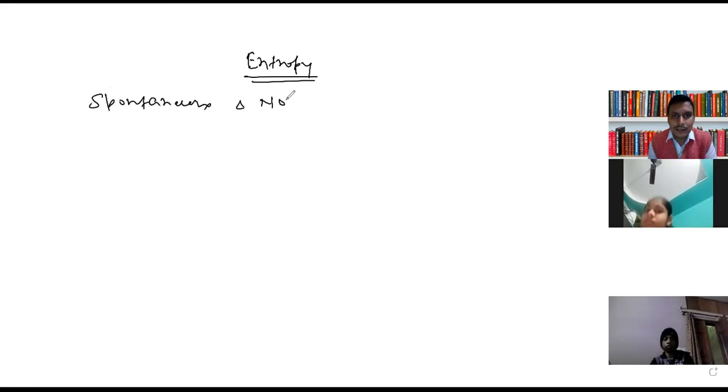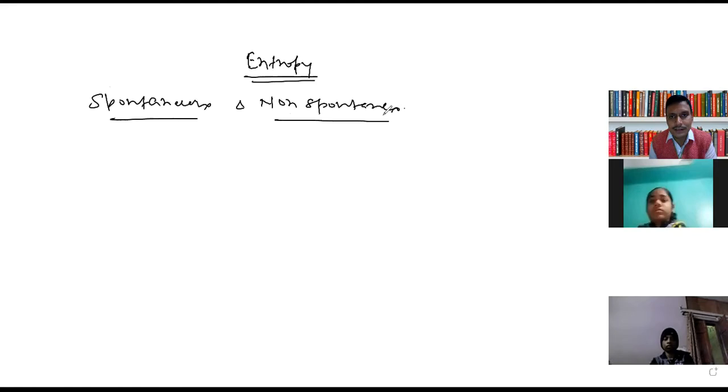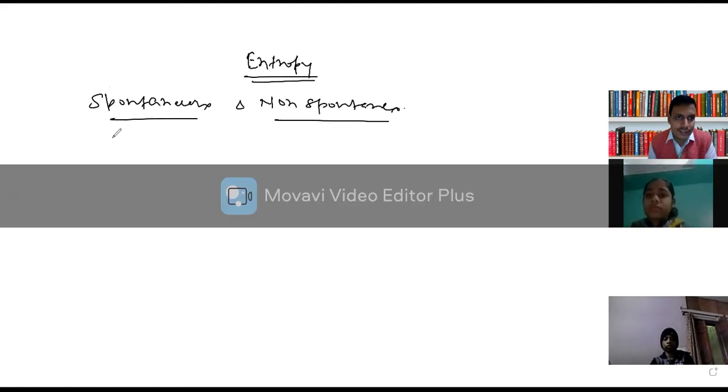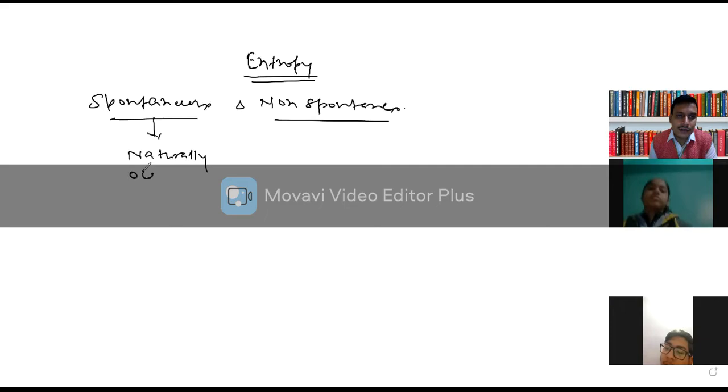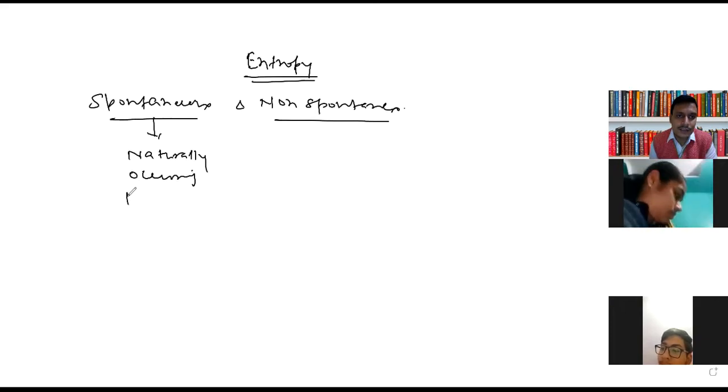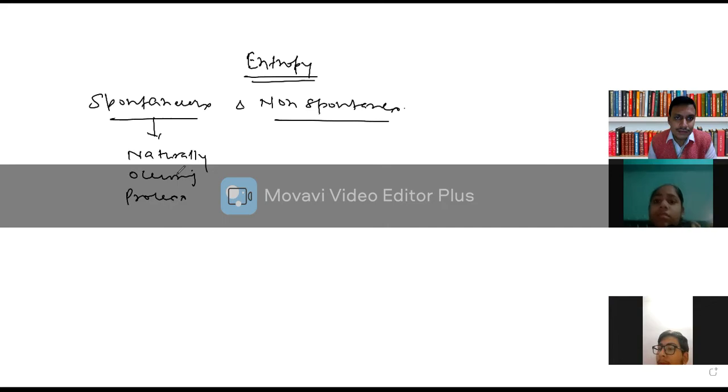Spontaneous and non-spontaneous. These are two different processes. What is spontaneous? A spontaneous process is a naturally occurring process. It doesn't mean it occurs by itself, and you don't require any external forces.